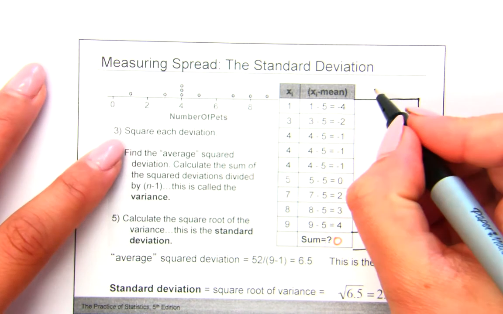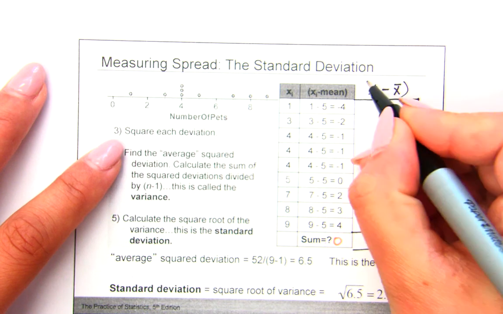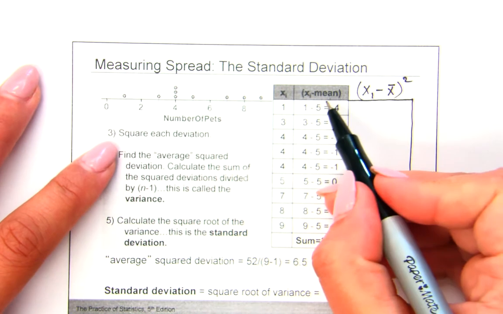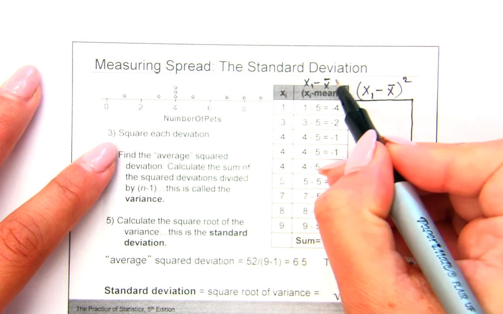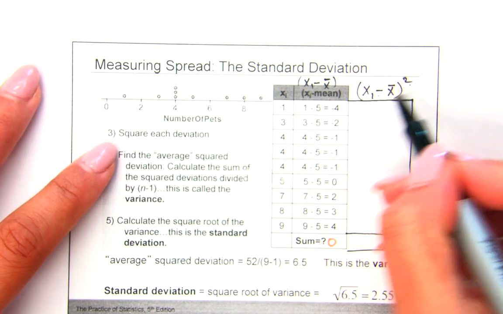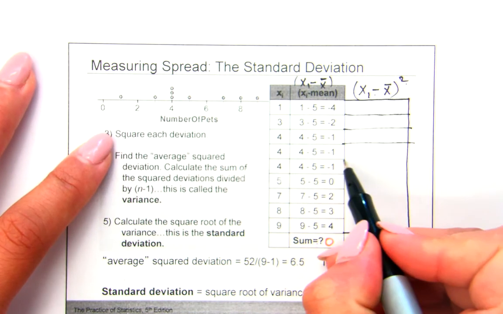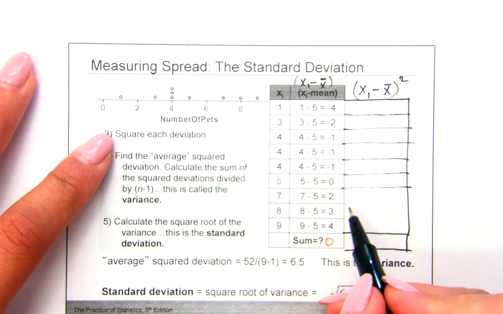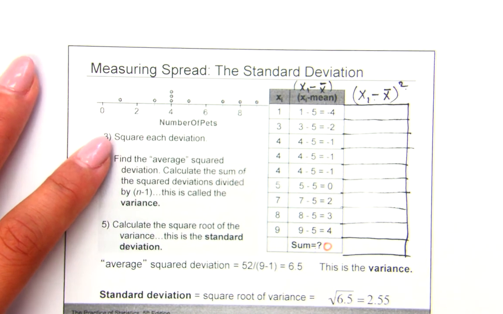This is xi minus x bar, where the mean is the same as x bar. This column is xi minus x bar squared, because we want to square each of the answers. 0 is not very helpful. What are we going to do with 0? Nothing.